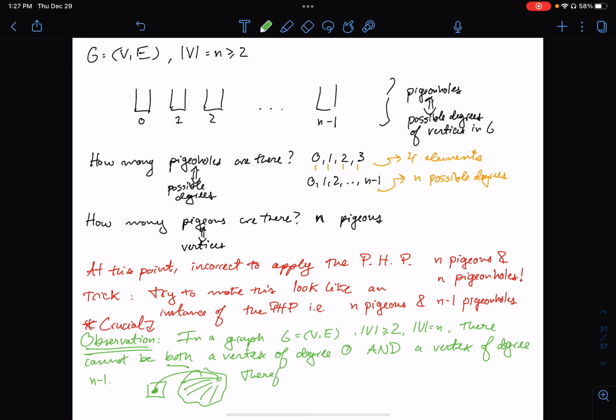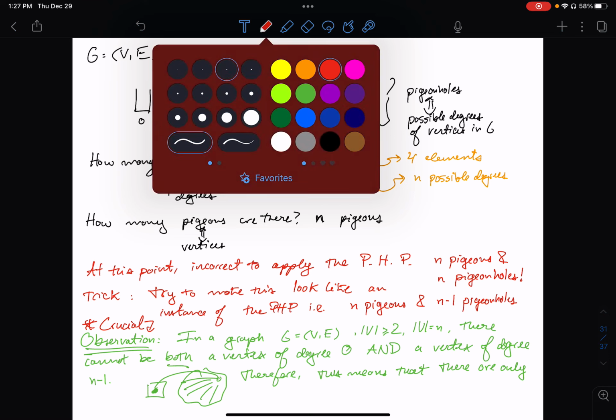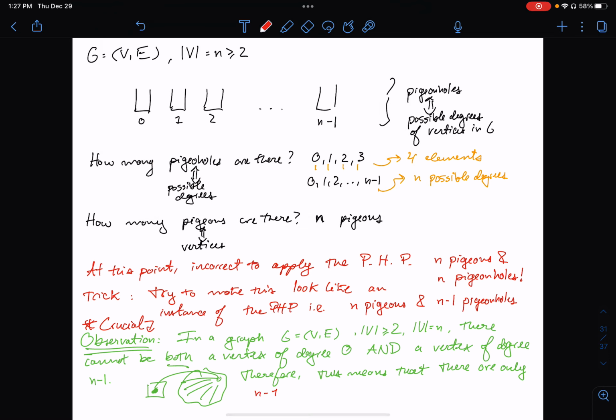And so what that means, right? Therefore, that there are only, let's change color here, n minus 1 possible degrees to choose from, right?